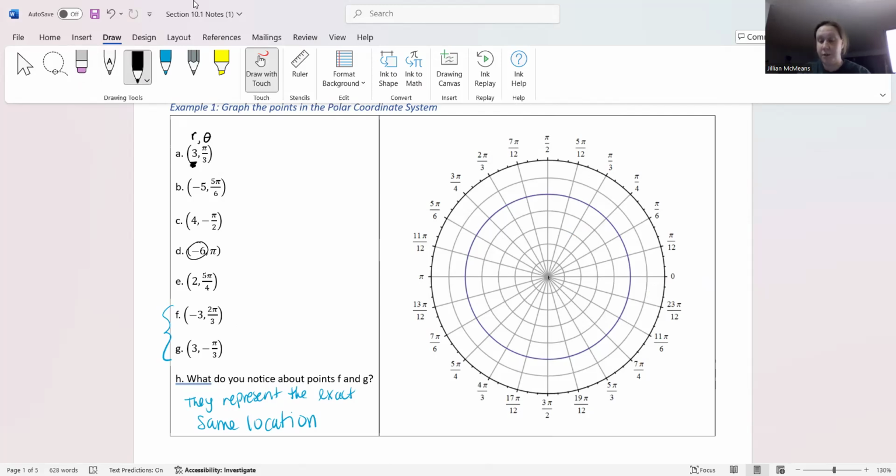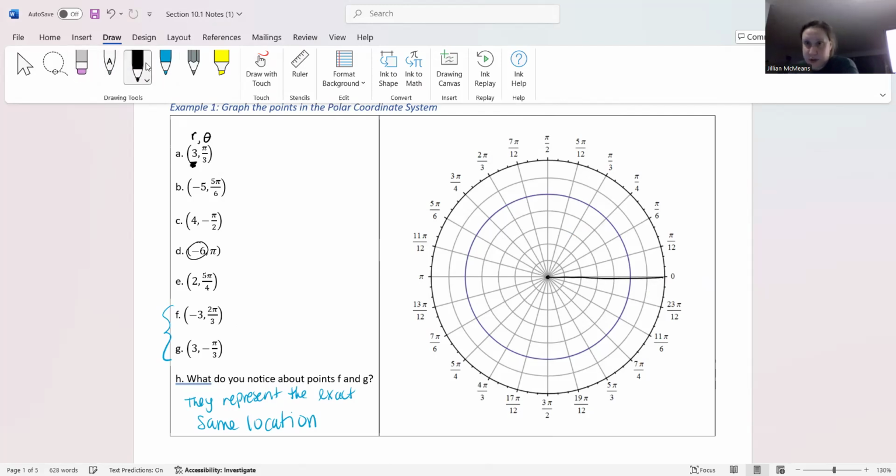All right, so when we looked at F, we were like, okay, we need to measure out 2 pi over 3 radians, and then R was -3, so we wanted to measure out 3 units in the direction opposite the terminal side. So we have our pole, we have our polar axis.